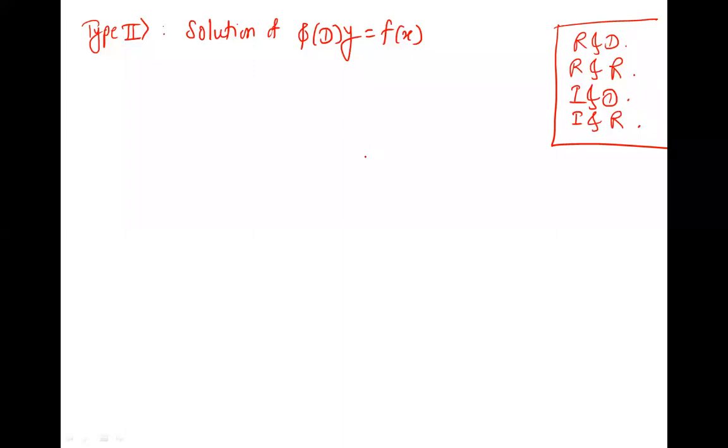Now we go to the second type of equation, that is phi(D)y is equal to some function f of x, which is not equal to 0. First was equal to 0, second is not equal to 0. So we now see the method of solving.